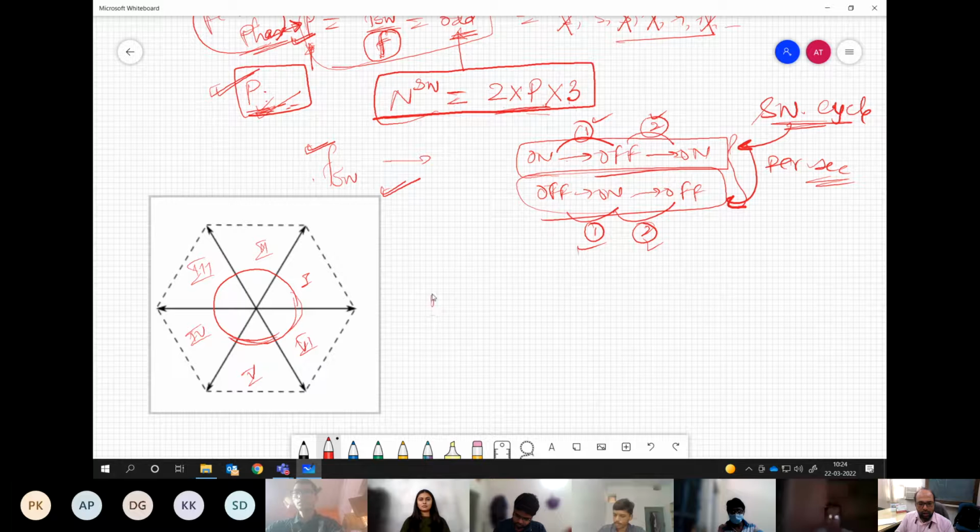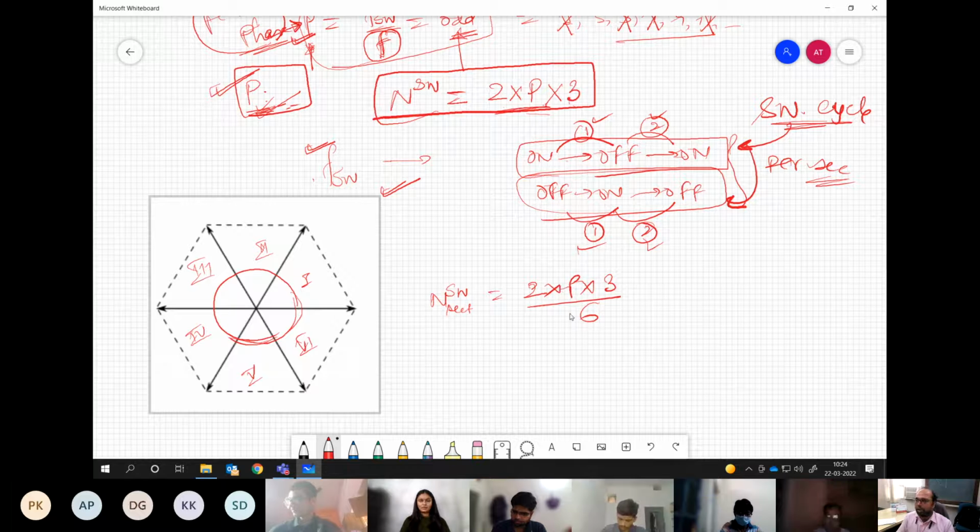Now, if this is the total number of switchings happening in all 6 sectors, what will be the number of switchings per sector? That should be divided by 6, isn't it? If the total number of switchings in all these 6 sectors is 2 into P into 3, then for each sector it is this whole divided by 6.